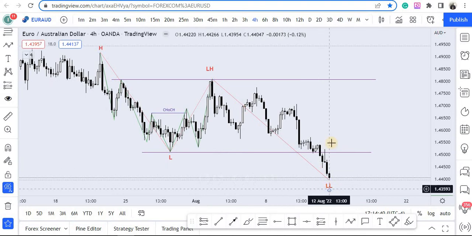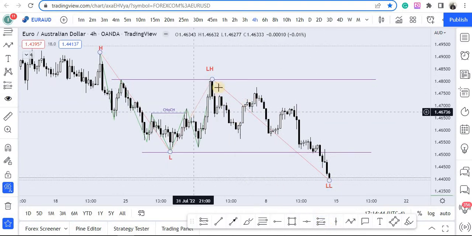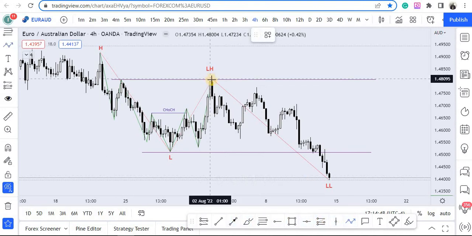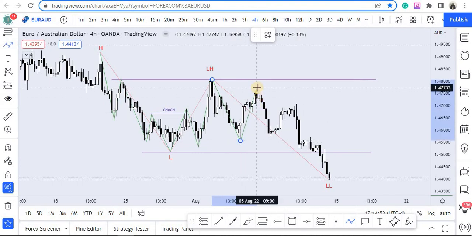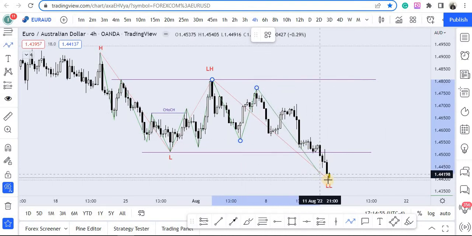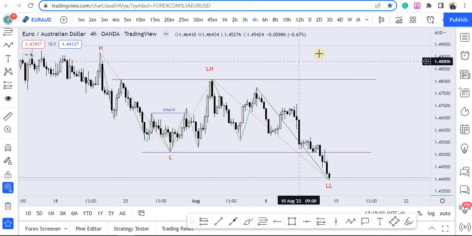Then this leg also has an internal structure, which to me is going to be 1, 2, and of course 3. It looks a bit confusing.